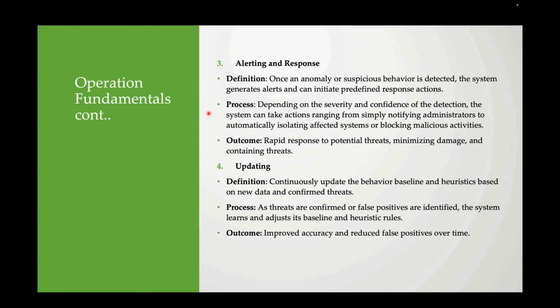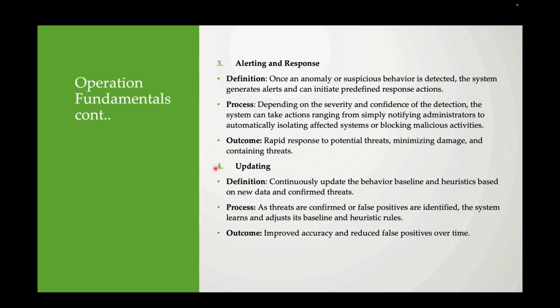The system in this case will take certain actions, from sending an alert to the administrator to automatically isolating the affected system or even blocking it, and it all depends on the features of the system you have. The outcome, and this is very important, is a quick response to potential threats, which means we will minimize the damage and be able to contain the threats very quickly.